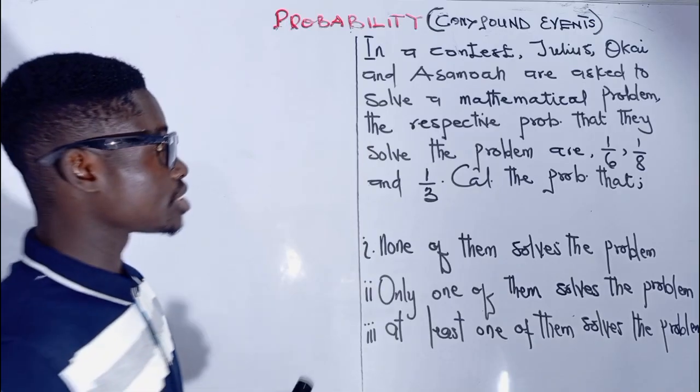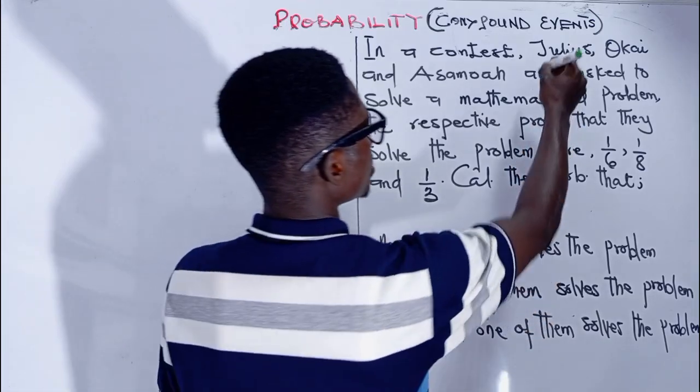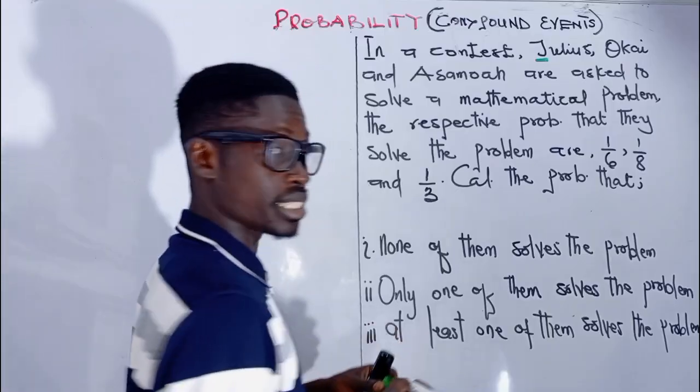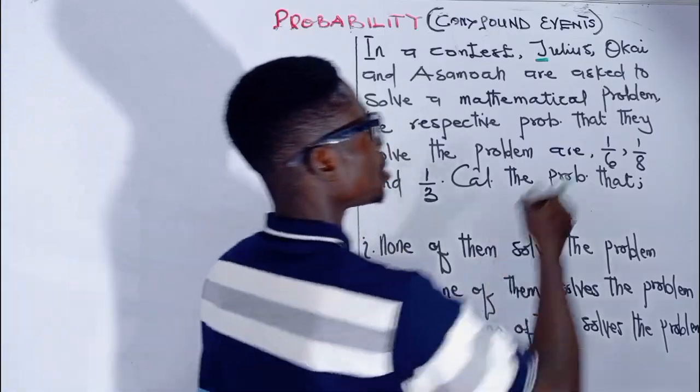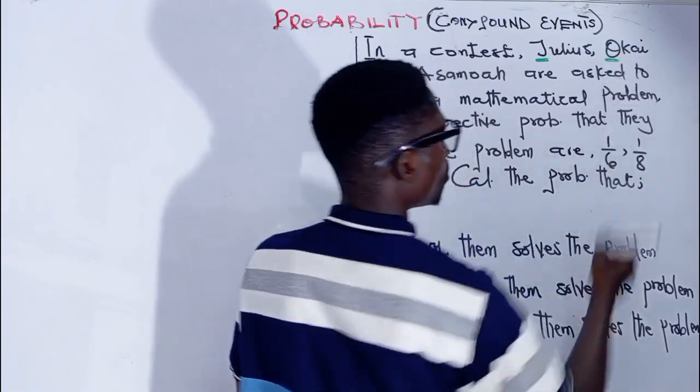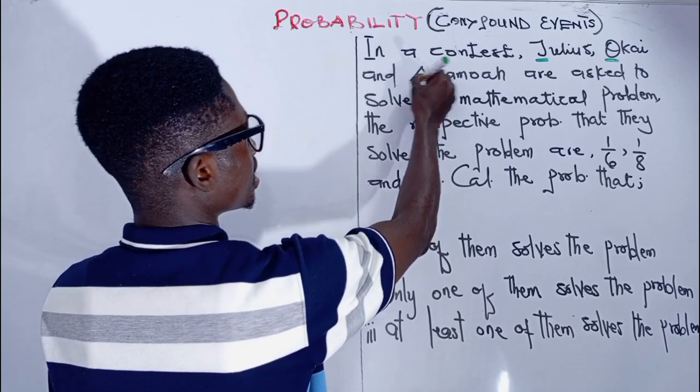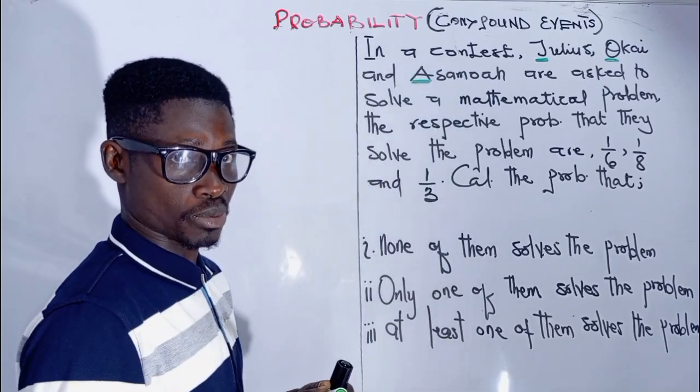So let's use their initials to represent them. We are going to use J for Julius, O for Okai, and A for Asamoah.